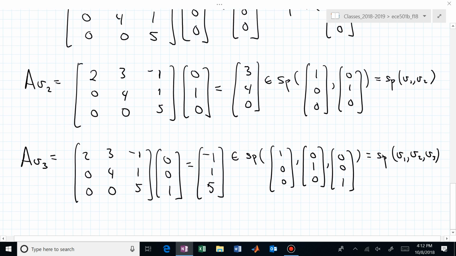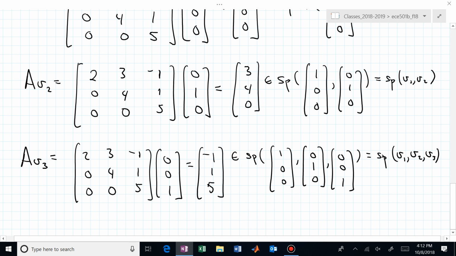Can I just pull any, so basically V1, V2, V3 span all of V or R3, correct? So now you're saying, can I just pull any random vector out of R3 and claim that that's an eigenvector for lambda sub 3 equal to 5? That's not what I'm saying here, so don't be misled by that.